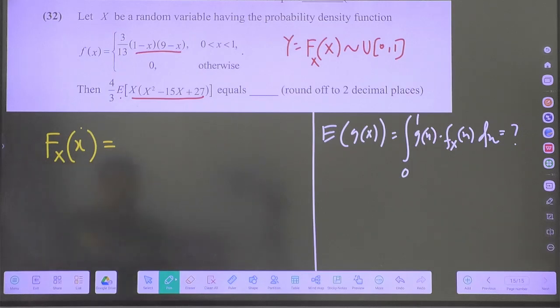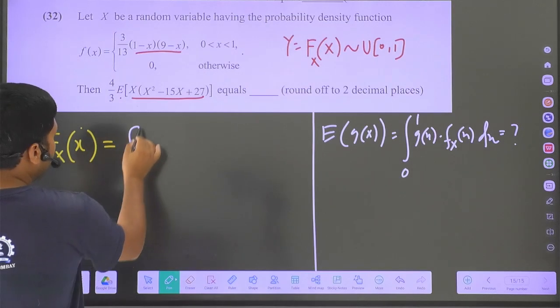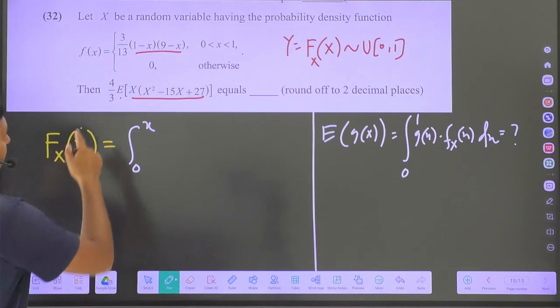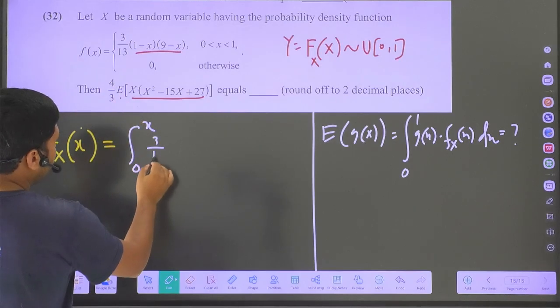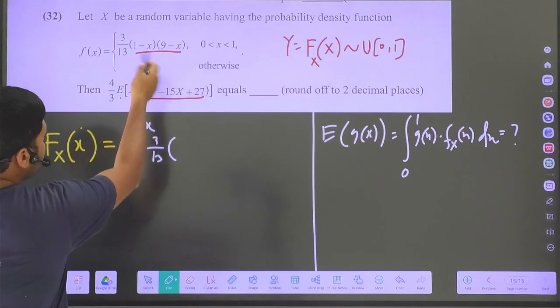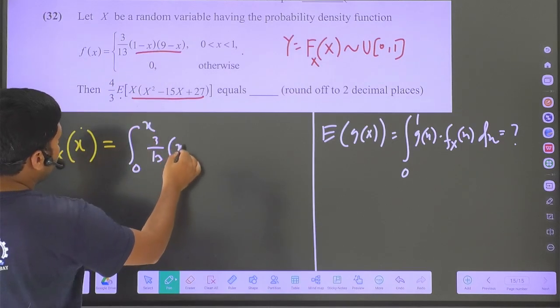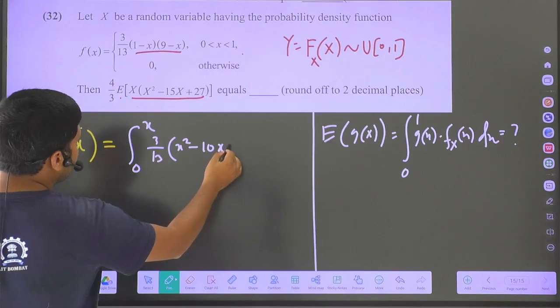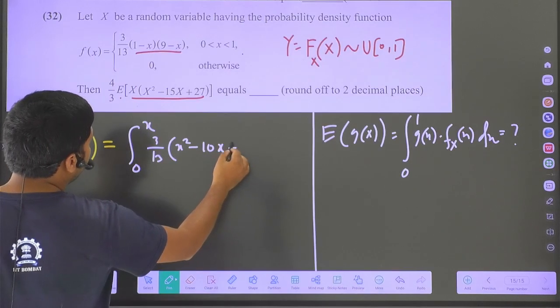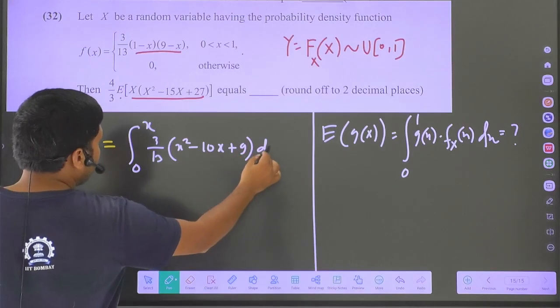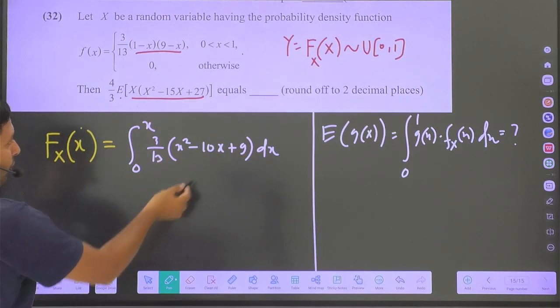So how do you find the CDF? You integrate from 0 to x. This is 3 by 13. If I integrate it, multiplying, it will be x square minus 10x plus 9, dx, but x is also there, that's why you change variable.